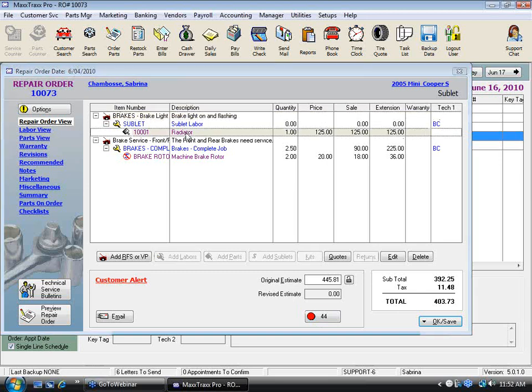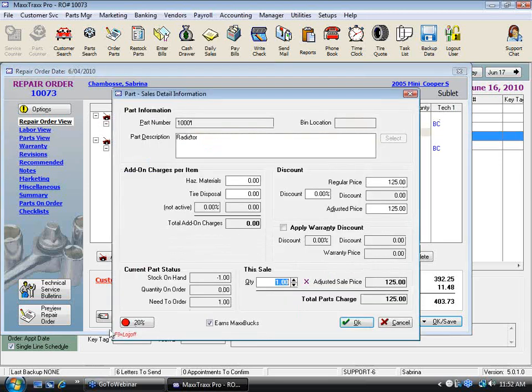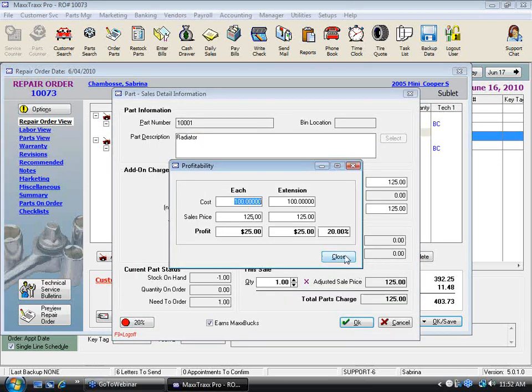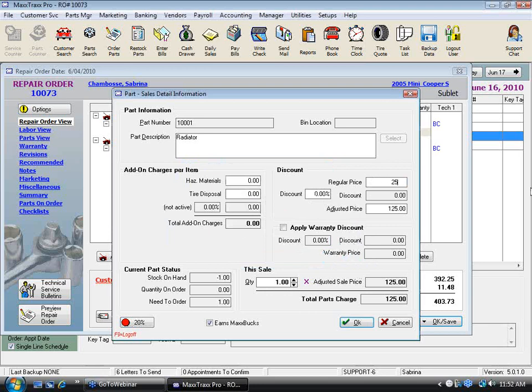Why am I discounting this radiator? Remember I changed the part price. I think it was like $350, or let's say it was $250. If I'm going to discount something, sometimes you have to do it because it's good business practice. But sometimes you have to hold firm to your prices and know that you're delivering value.